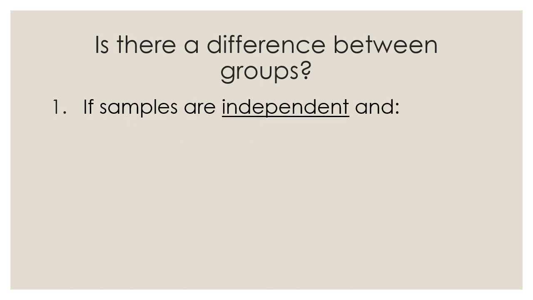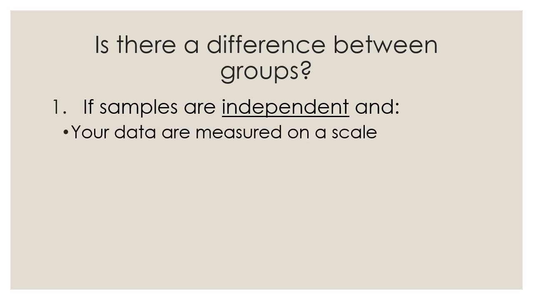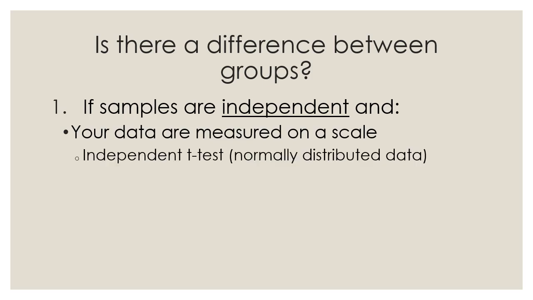Now, let's move on. How about if your samples are independent? Okay, so now if your data are continuous, then you're not using a paired t-test because they're not related. So if the samples are independent, you just use an independent t-test. So you have 2 types of t-tests. The paired t-test when the data are related, when the samples are related, that is, and the independent t-test when your data are independent.